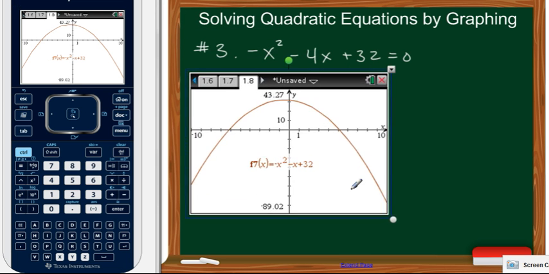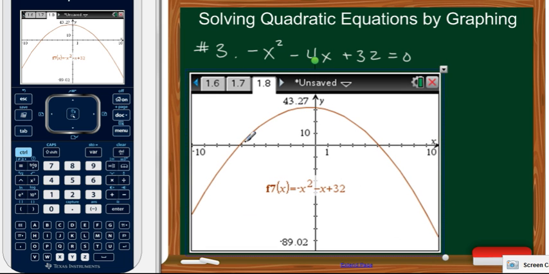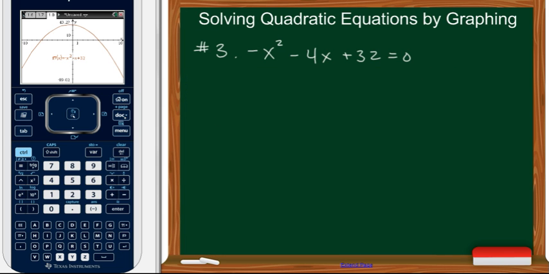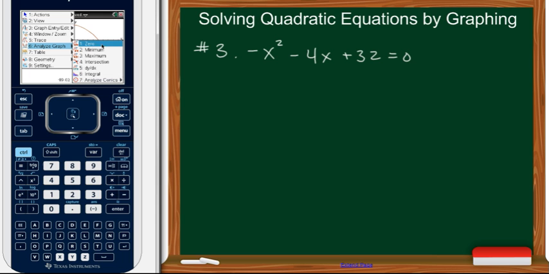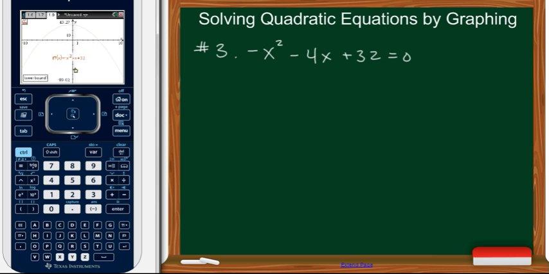Now, when we're looking at this parabola, it hits almost perfectly, but not quite. So we're going to use another function. We're going to go into menu, and here we have a function that says analyze graph. Now, if you do that, one of the things that it's going to find for you is a 0, which you'll remember is another word for our solution.